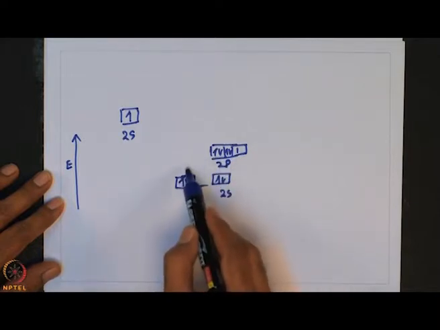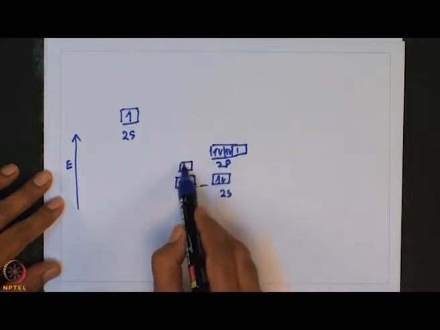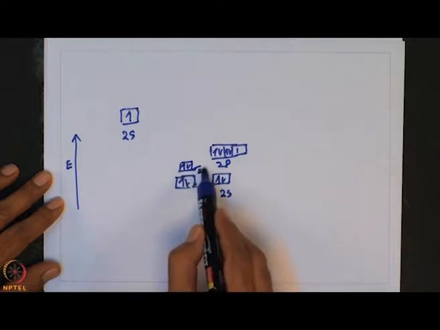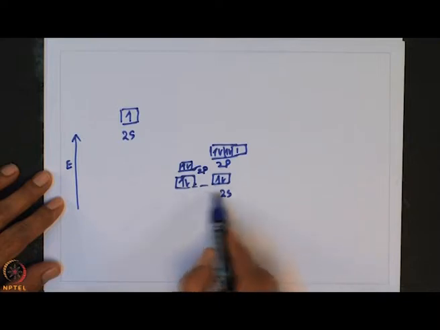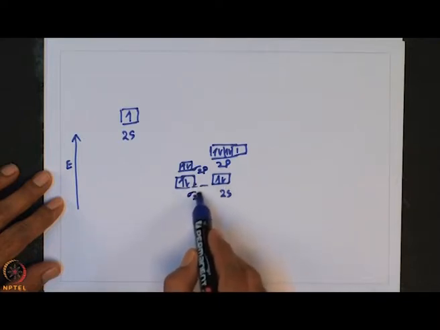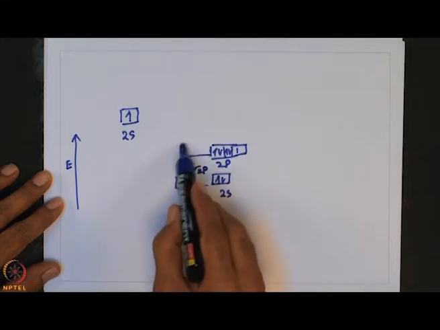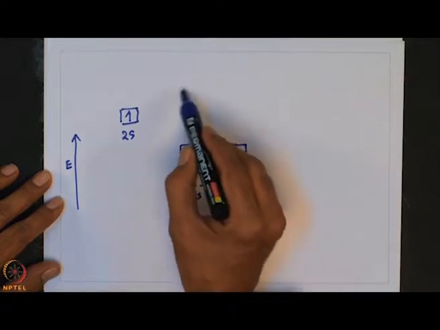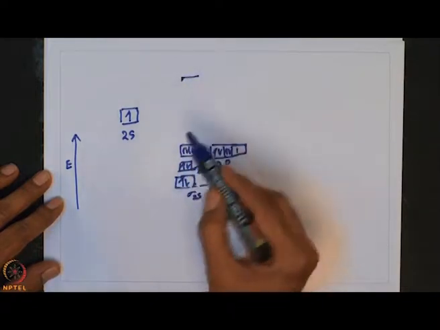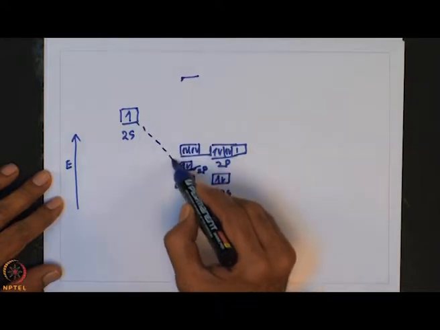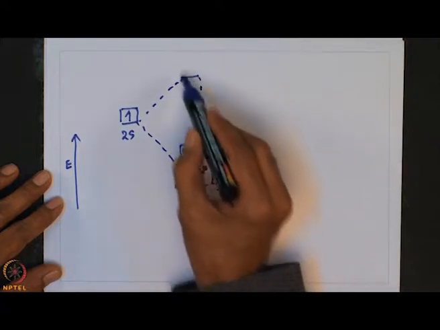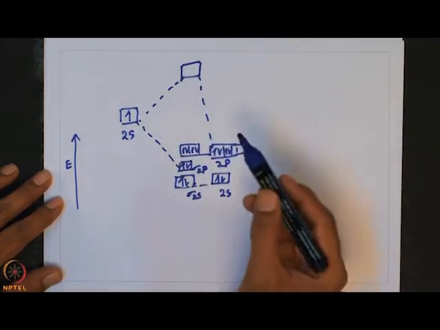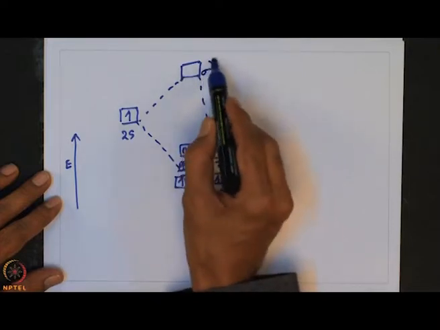Then we have sigma 2p, or simply sigma, and then this is 2s, sigma 2s, and this one remains non-bonding, and then we have sigma here. So, that means essentially very similar to what happened in the case of hydrogen fluoride. So, this is sigma star.